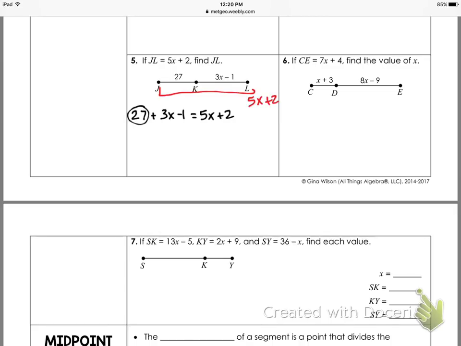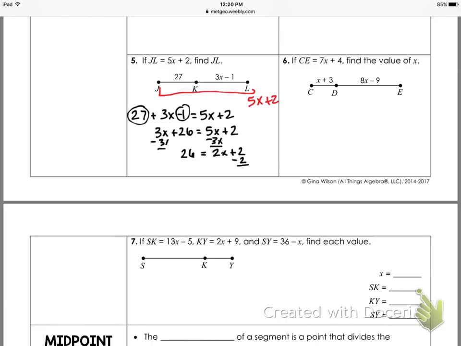We're going to combine our like terms. 27 minus 1 is going to give us 3x plus 26 is equal to 5x plus 2. Then I'm going to subtract 3x. We get 26 equals 2x plus 2.